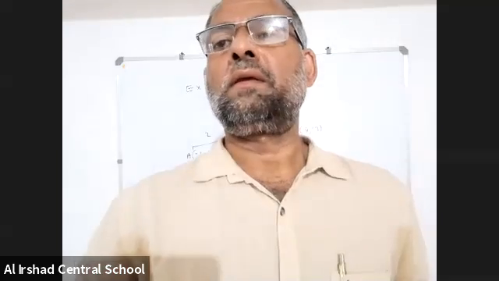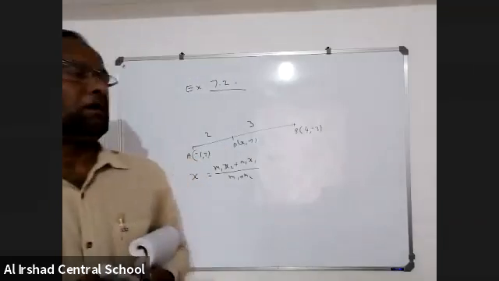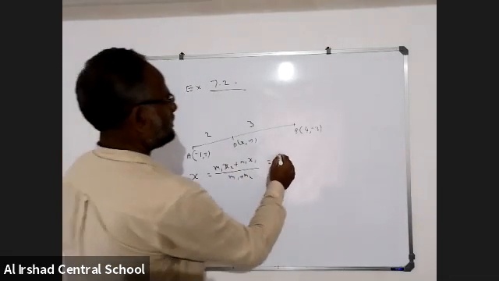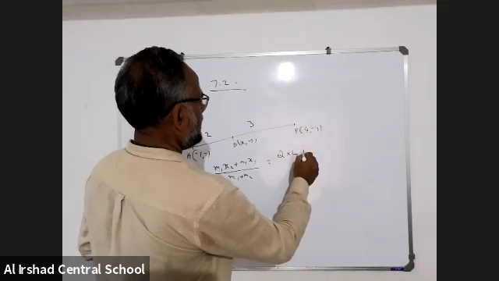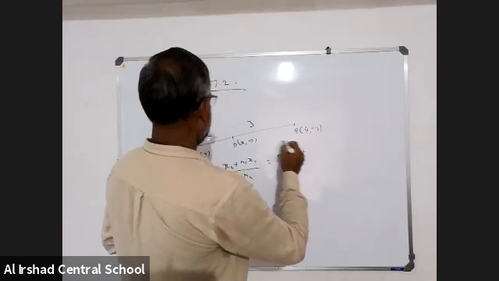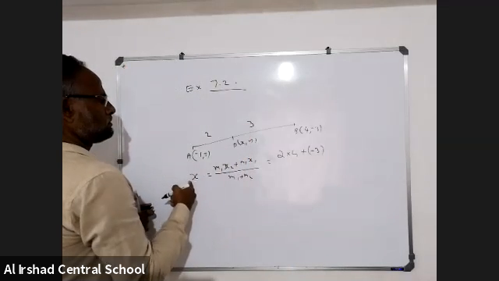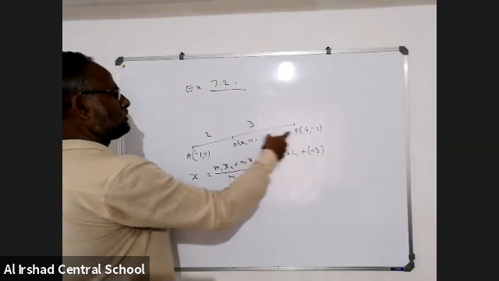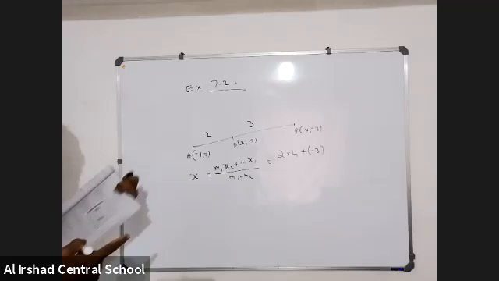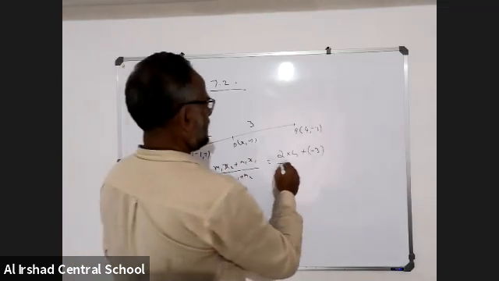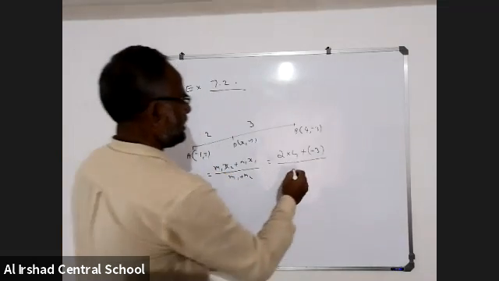Try the x coordinate and y coordinate. Okay, good. Y also find out. 2 into 4 plus 3 into -1. 2 into 4, 4 minus 3 and -1, 3 into -1 is -3, divided by 5.